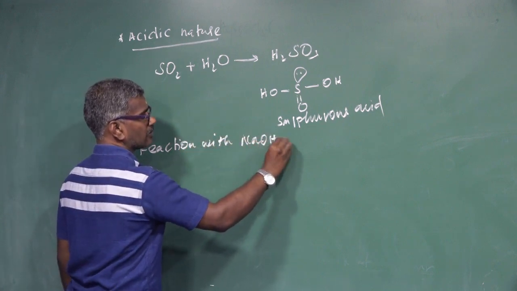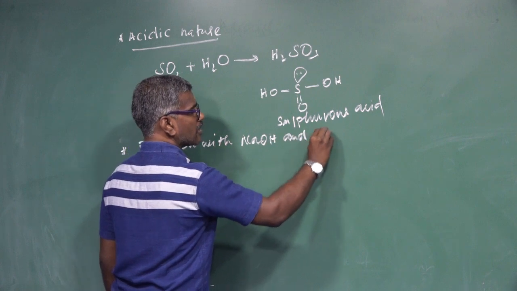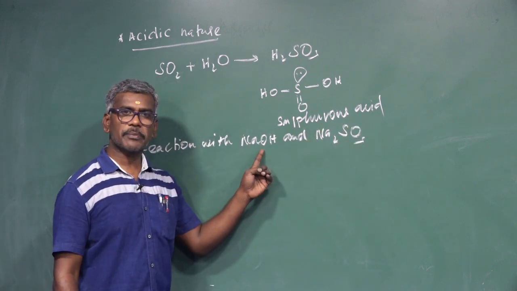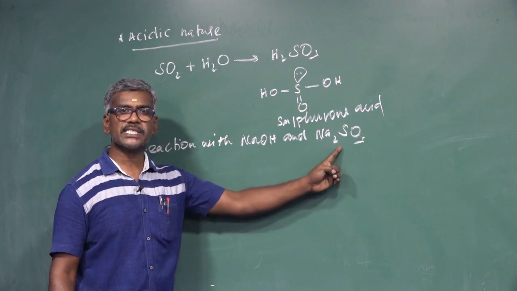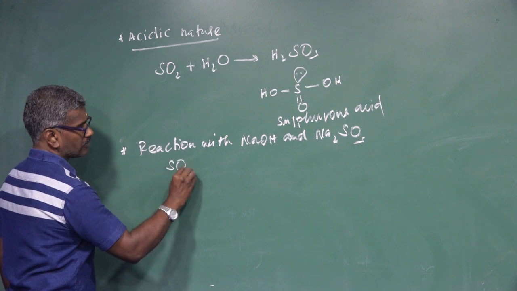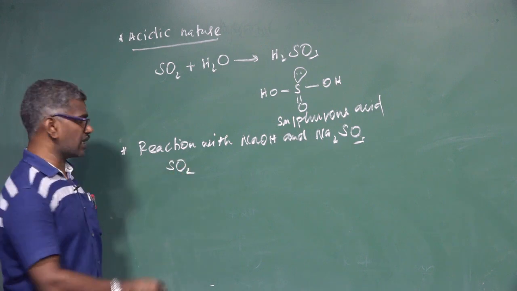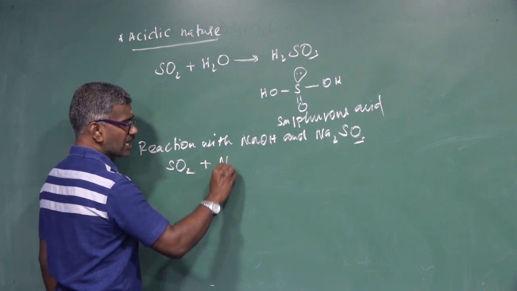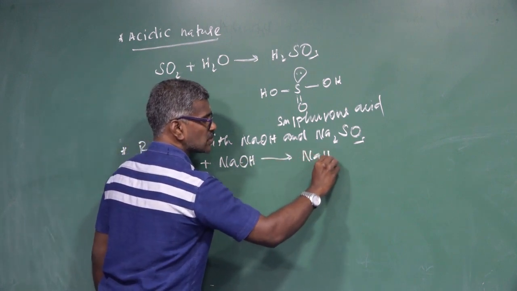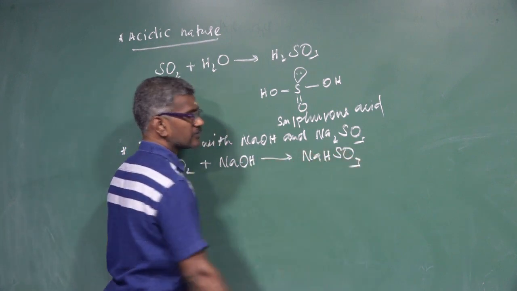NaOH and Na2SO3. This one is sodium hydroxide, this one is sodium sulfite. SO2 is acidic in nature, it reacts with the base NaOH to form a salt, NaHSO3.